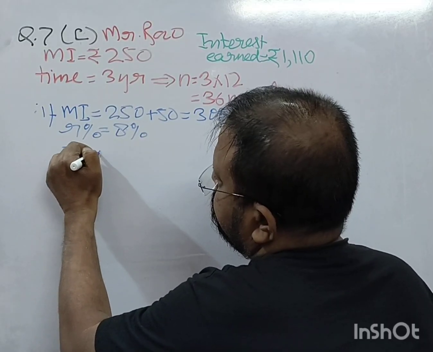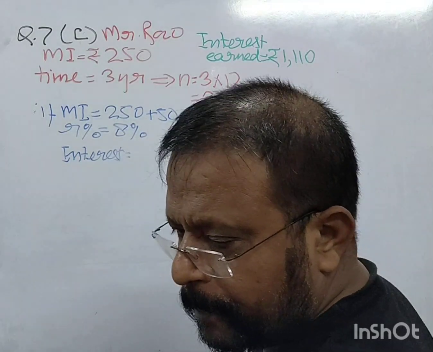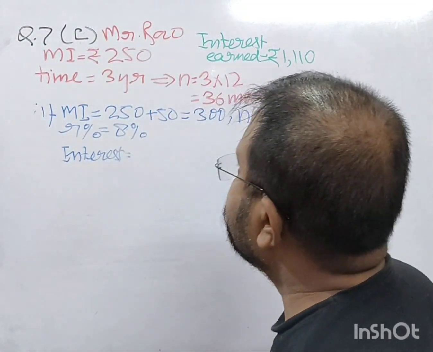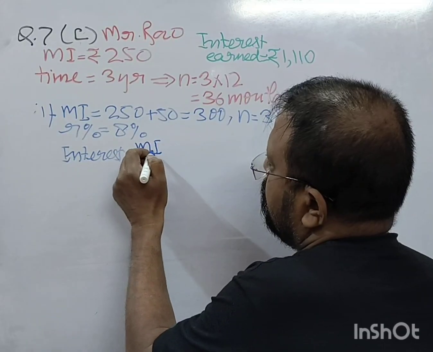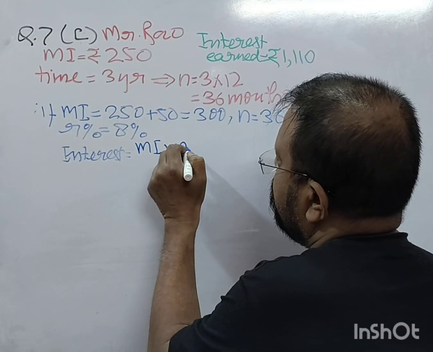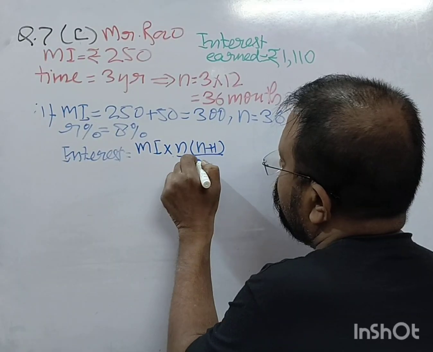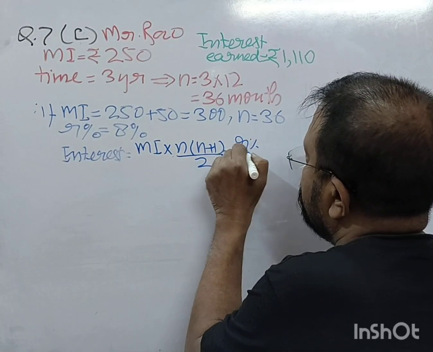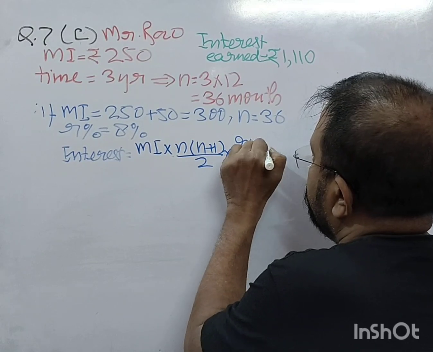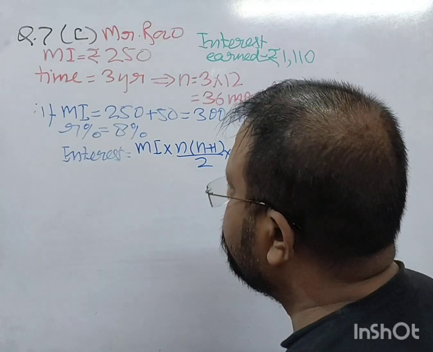Interest is equal to MI into n bracket (n plus 1) by 2 into r% upon 100 into 1 upon 12. Right?